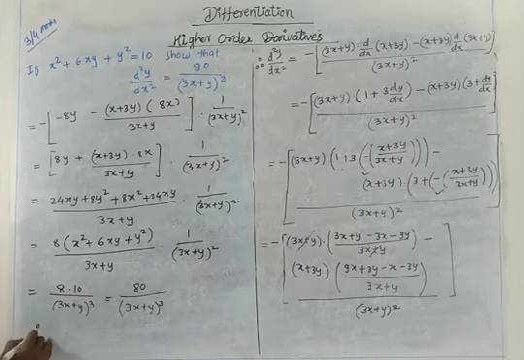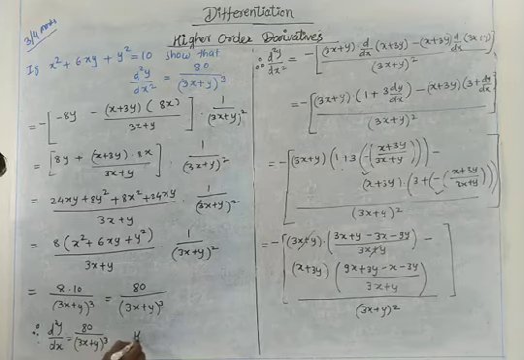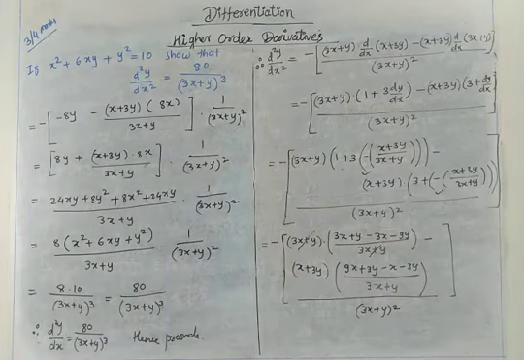So therefore d square y upon dx square is equal to 80 upon (3x plus y) bracket cube. Hence proved. So this is the last example from this part. Check the steps of cancellations and simplifications properly.